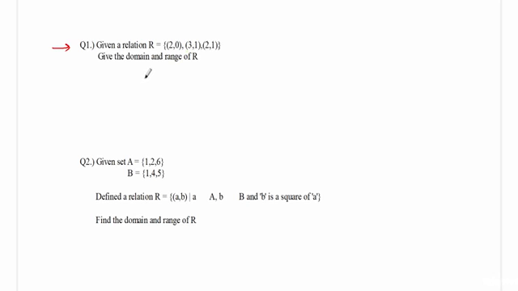Clearly, the domain is nothing but the set of all the first elements. So the first elements are this, this and this. So domain will be equal to {2, 3}. The 2 is repeated here again, so we will not write it two times, we will just write it once. So domain will have these two elements.